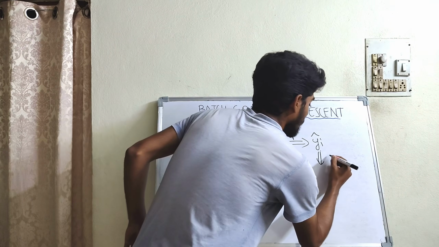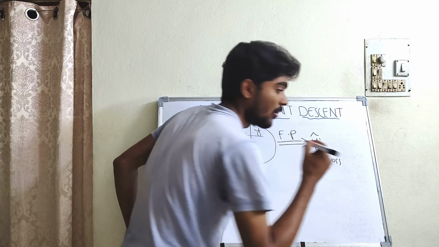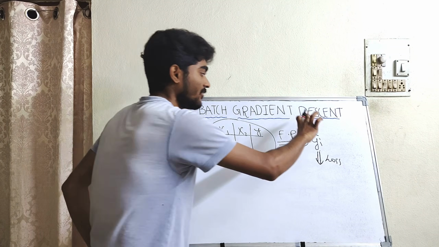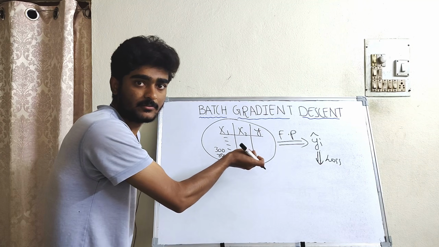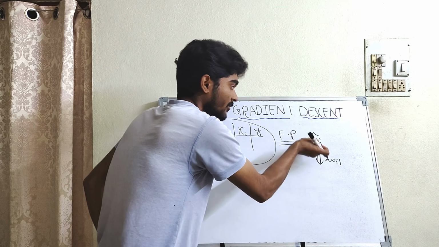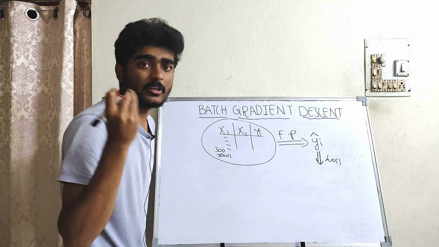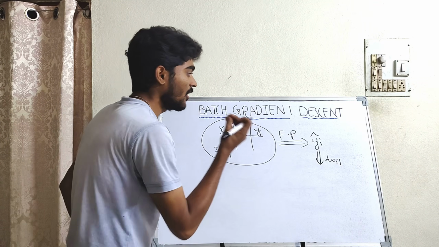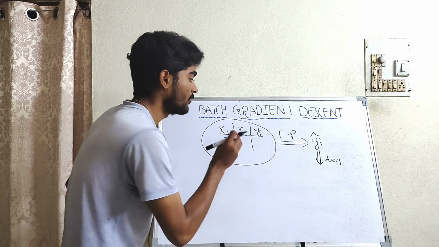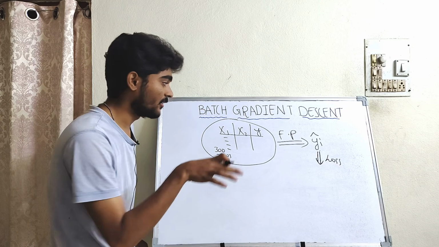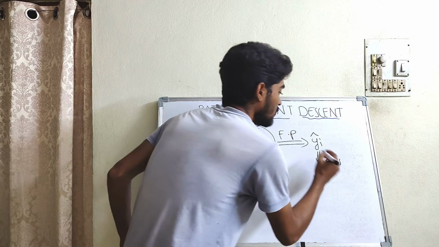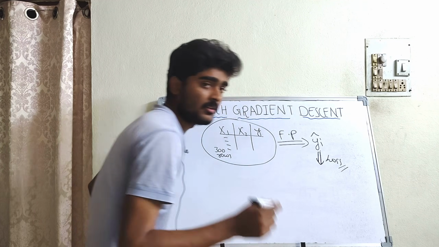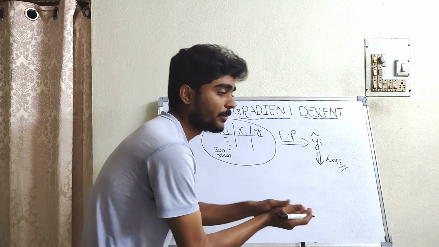Loss is determined between y hat and y, which means you are determining how much error your model has made in determining the correct output for this dataset.